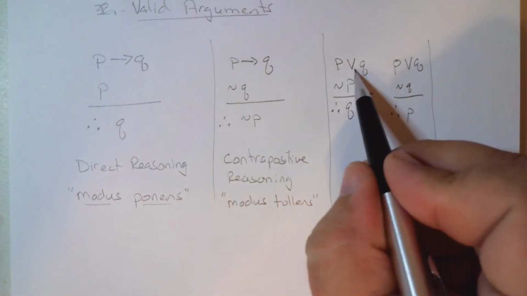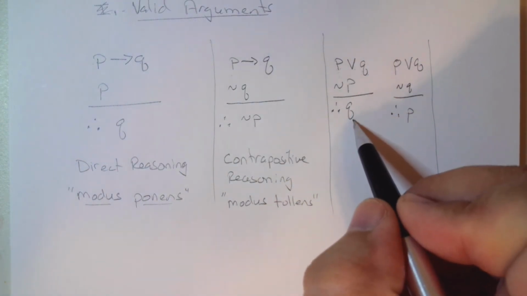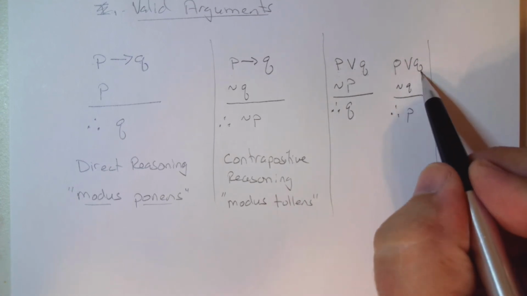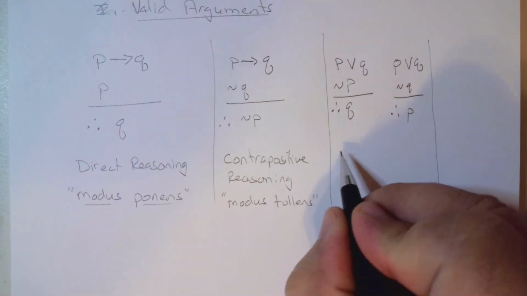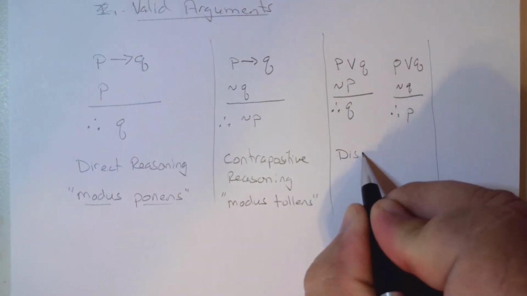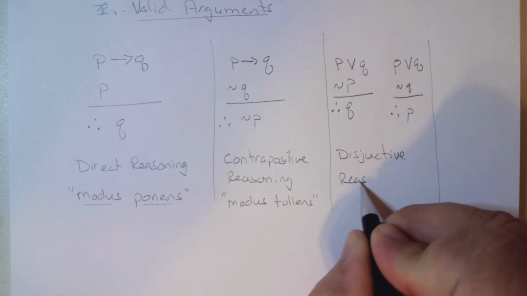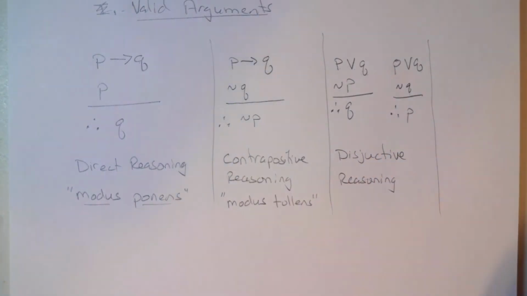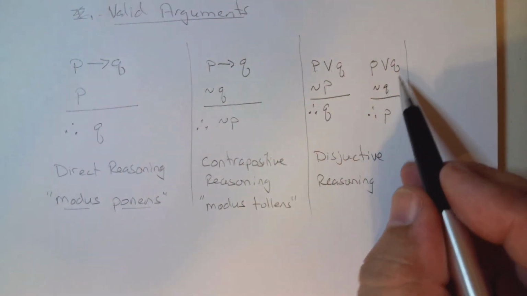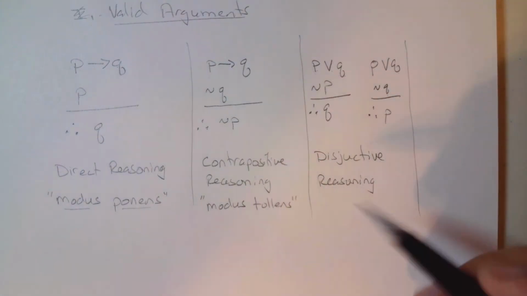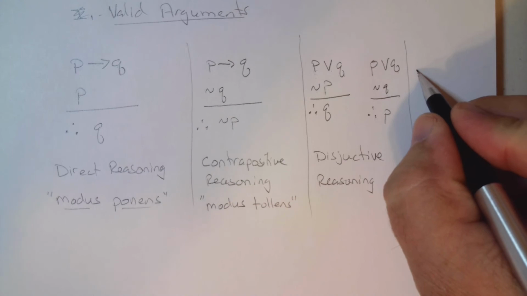You want the car or what's behind door number 1. I don't want the car, so I'm going to take door number 1. Car or door number 1. I don't want door number 1, so I'll take the car. This is called disjunctive reasoning. If you don't pick the first option, then you'll take the second. If you don't pick the second, then you'll take the third.